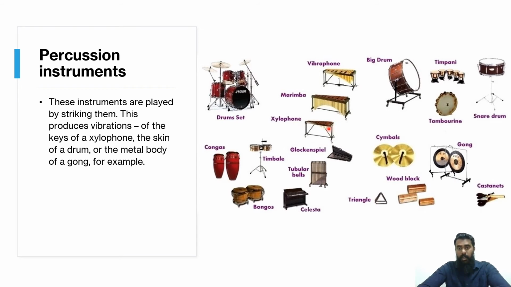Okay. In case of a xylophone or a vibraphone, when you strike the keys, the whole metal body is made to vibrate, producing sound. Again, percussion instruments work on the same principle as wind and stringed instruments.